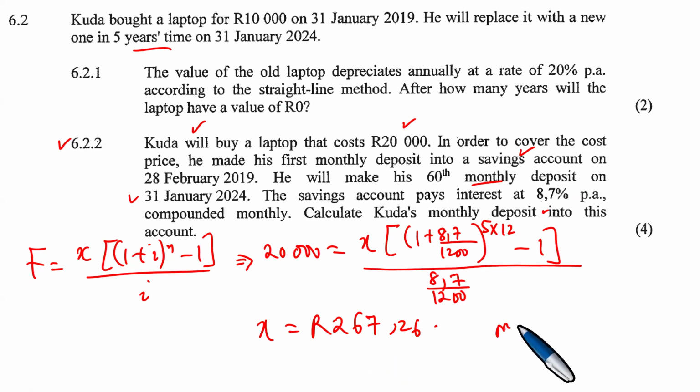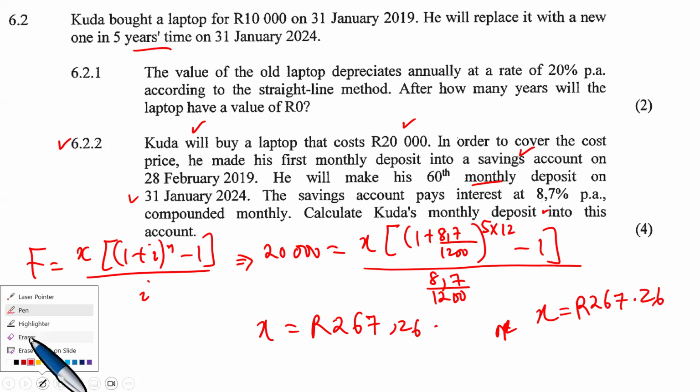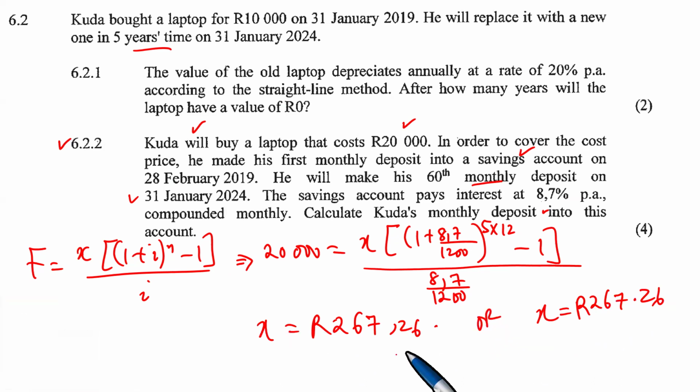You can write it like that, or you can write x equals exactly 267 rand and 26 cents. That's something you can do, so take note of that. So it's this or that.